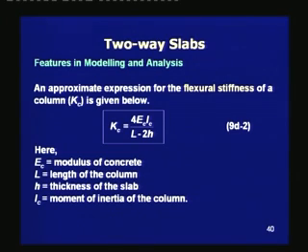EC is the modulus of concrete, L is the length of the column, H is the thickness of the slab, and IC is the moment of inertia of the column. Thus, we have an expression of the flexural stiffness of a column, which we can apply to the upper column and the lower column.